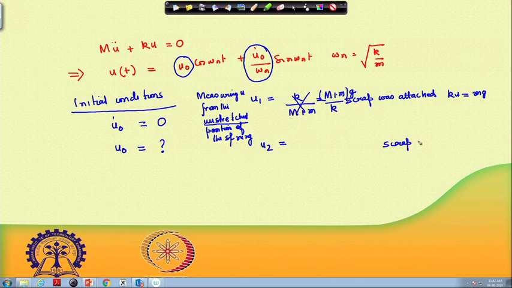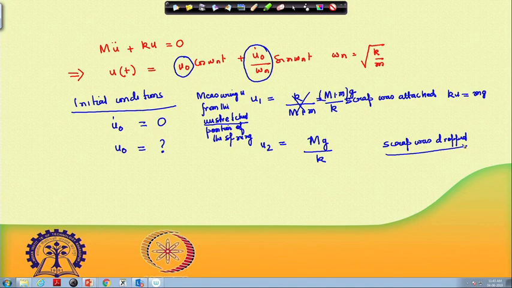Then only the mass capital M remains, so it is Mg by k. This is the new position of the mass when the scrap has been dropped.